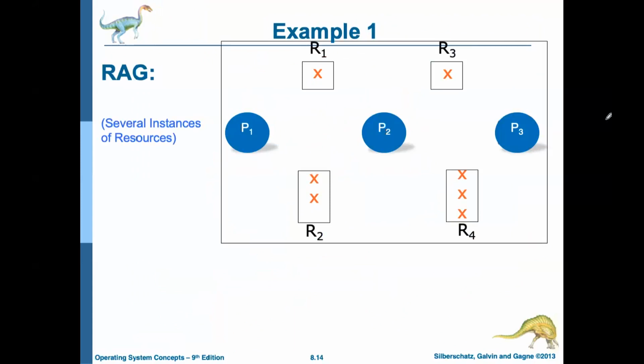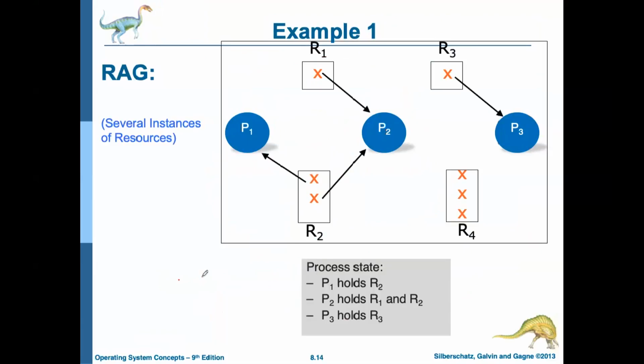For example, we have four processes P1, P2, P3, and so on, and we got resources. Just play this slide and we will explain. Instead of writing, we are just explaining this through a diagram.